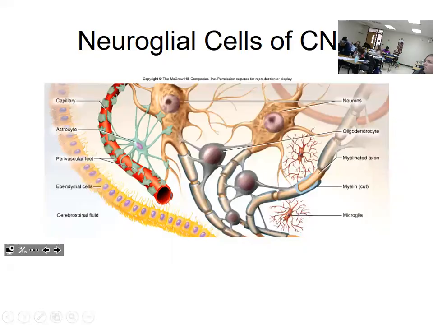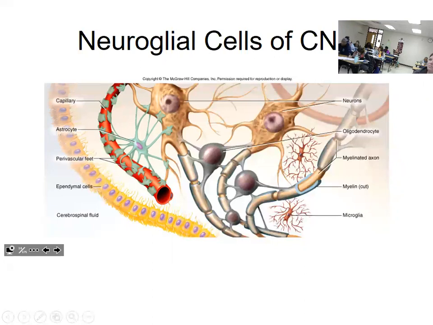is that this didn't just send out an axon. Here's an axon from the neuron body. It doesn't just wrap it once. What this did was it wraps it up to 100 times. And it's wrapped. And it's fat.